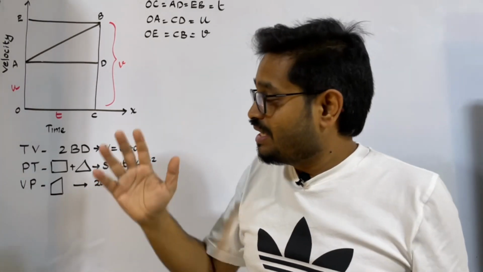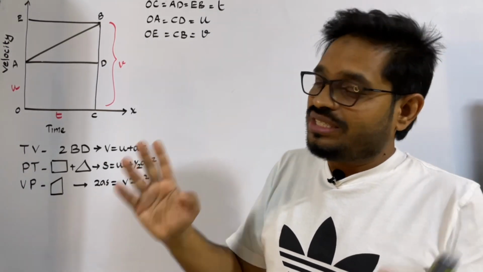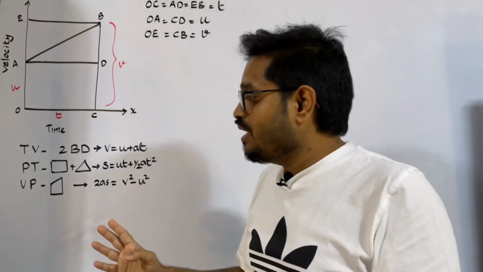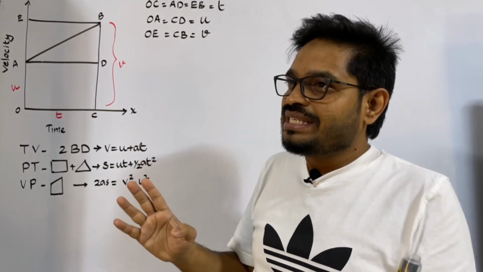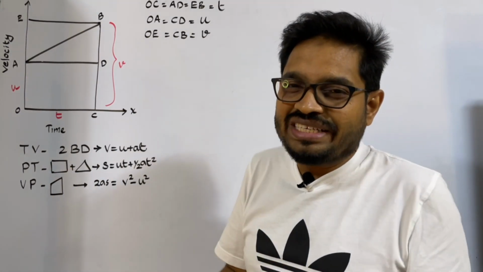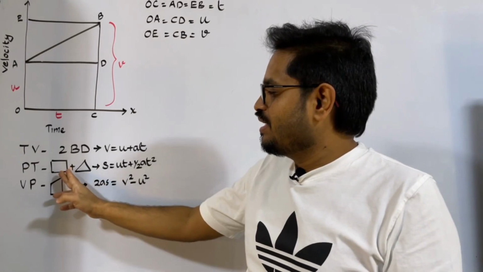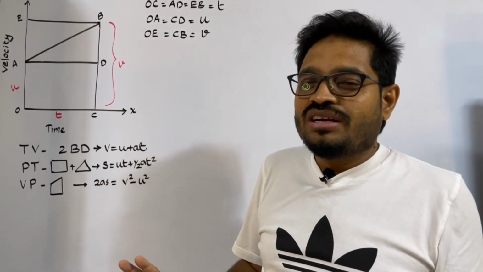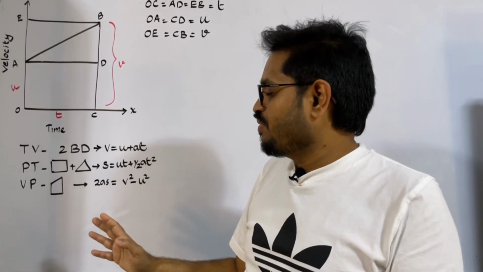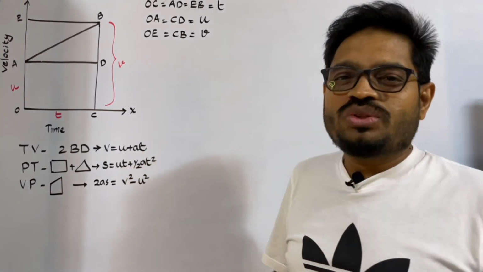So I repeat, it is the VP sitting and watching the TV, in which he sees two students smoking bidi, and then later he sees in the TV the PT teacher training the children and just seeing them standing in the rectangle or triangle, and then we are just knowing about the shape of the VP's cabin, which is like a trapezium. So this is the first thing.